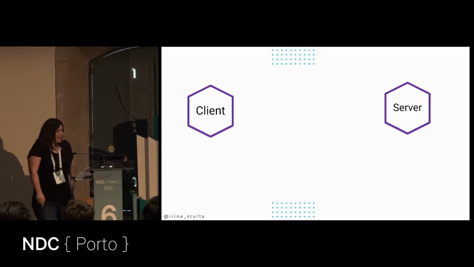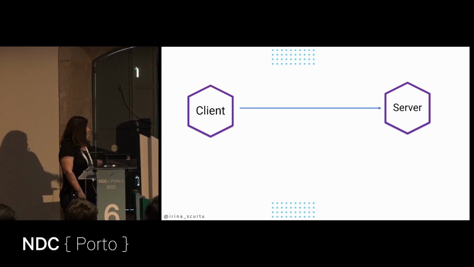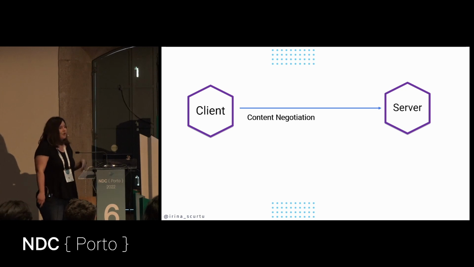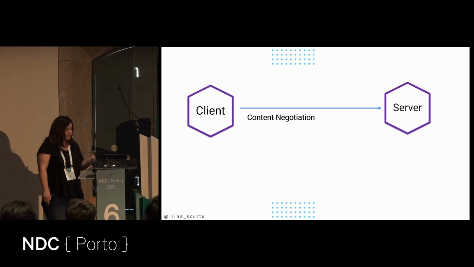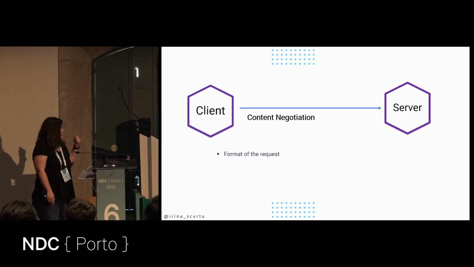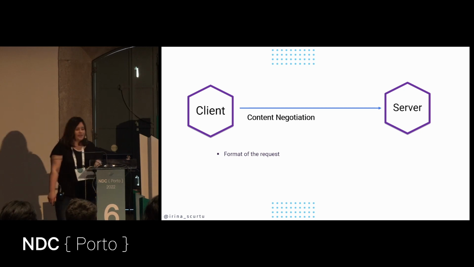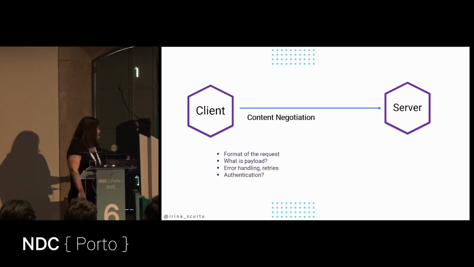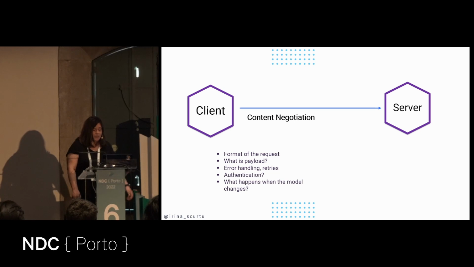So REST has something like that. We have a client, we have a server, and in between, we often have content negotiation done under the hood. That content negotiation takes care of the format of the request, the payload, the error handling and the retries, and also the authentication.